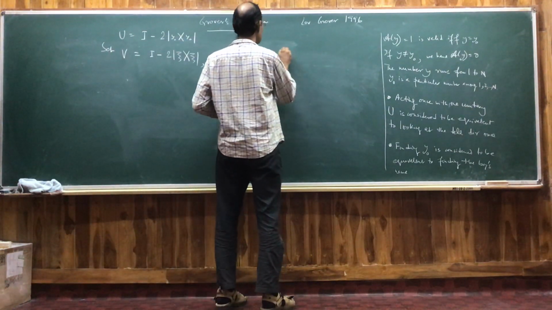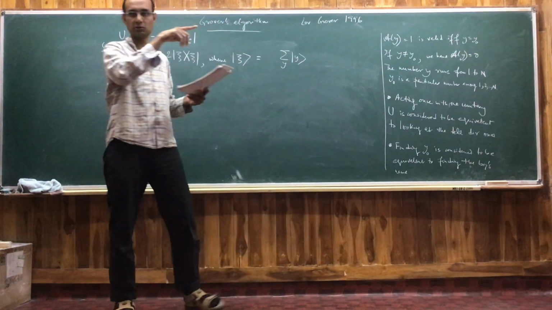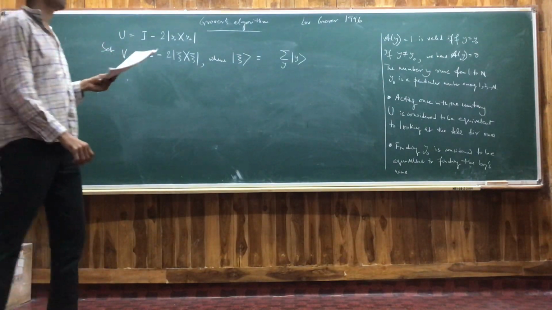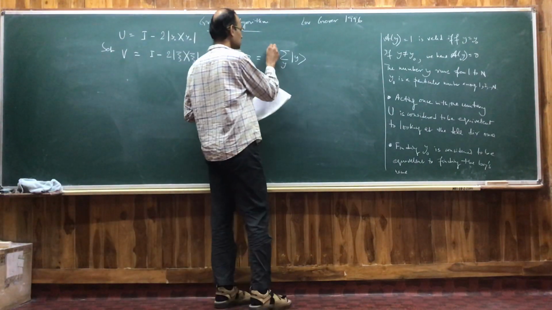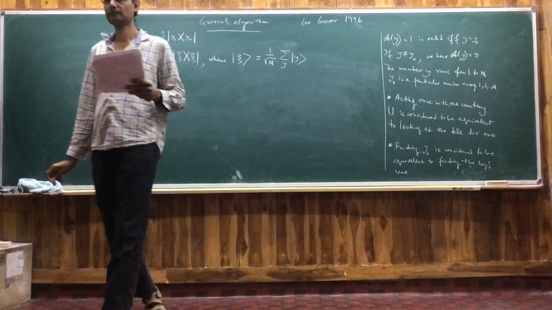So it is all the y's, including the y naught. But we don't know what that y naught is. Take over the entire thing. There are n of them, so it is going over all.